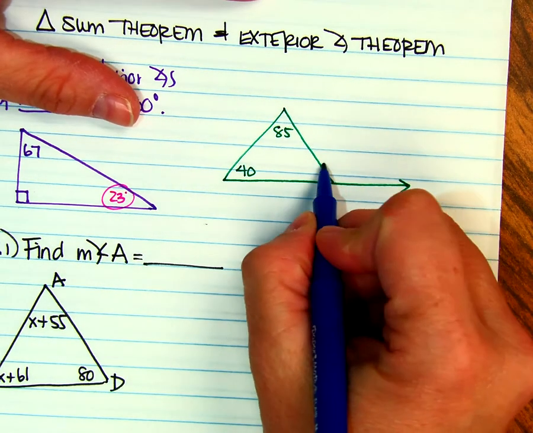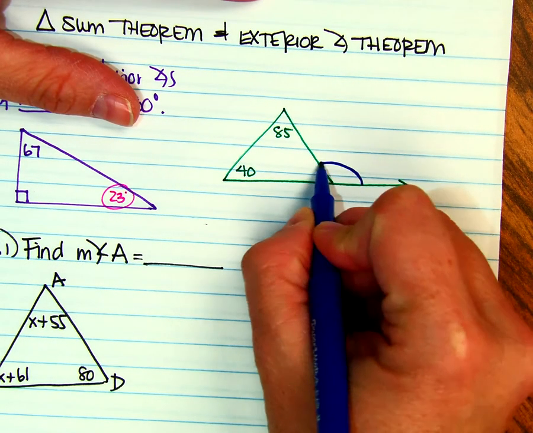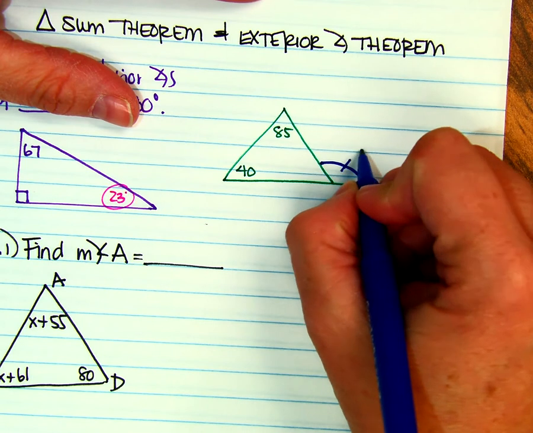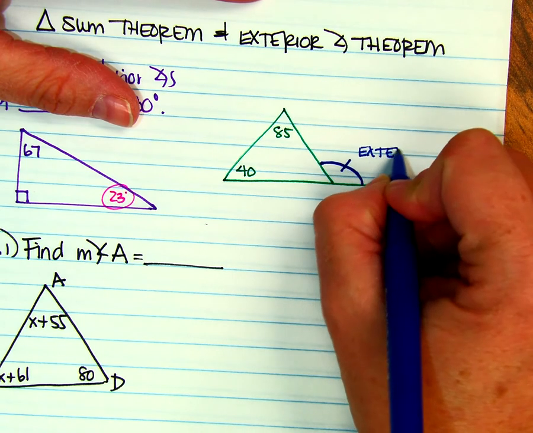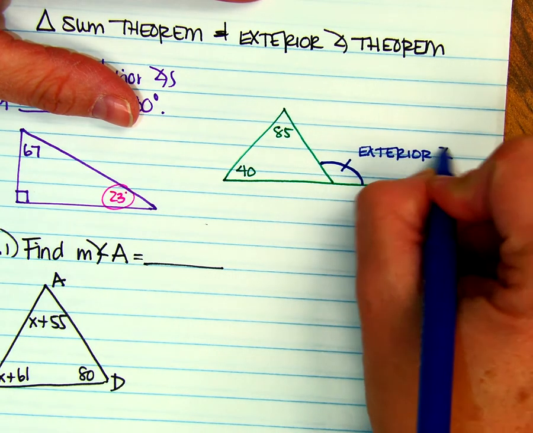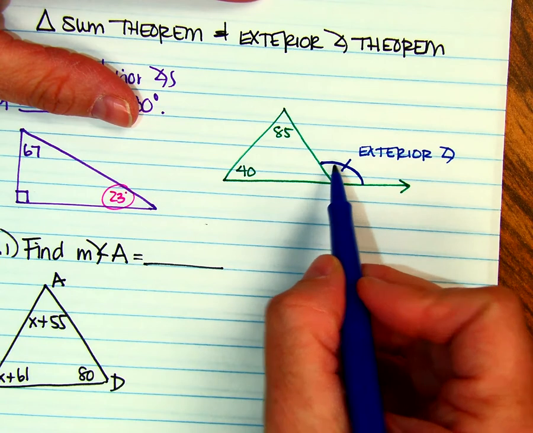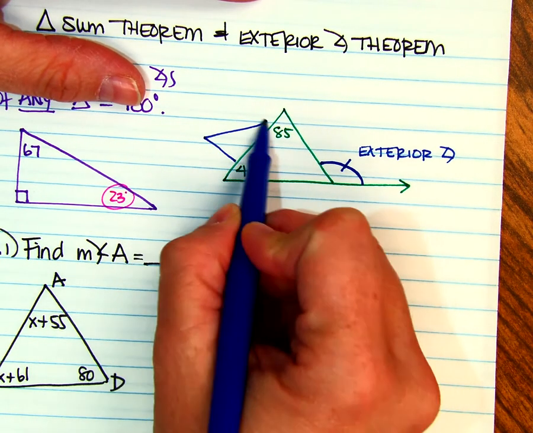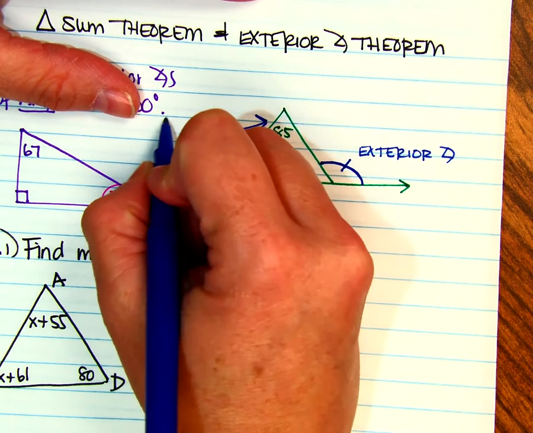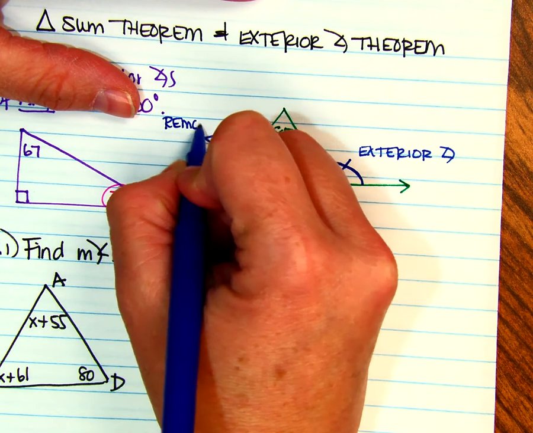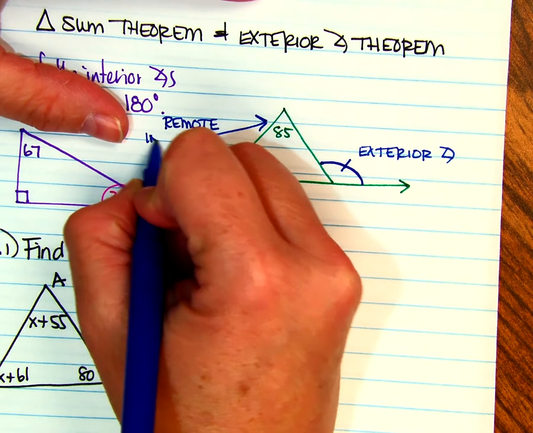If I'm looking at it in relation to this angle right here, this is called the exterior angle. And in relation to this one, these two are called the remote interior angles.